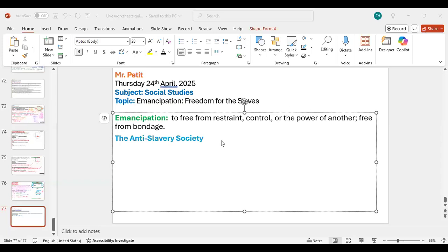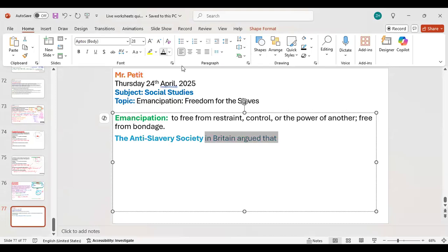So the anti-slavery society in Britain, let me tell you what they argued, because y'all are giving me some interesting arguments. They argued it wasn't right for one human to own another. Very good. They argued that slavery was morally wrong, right?